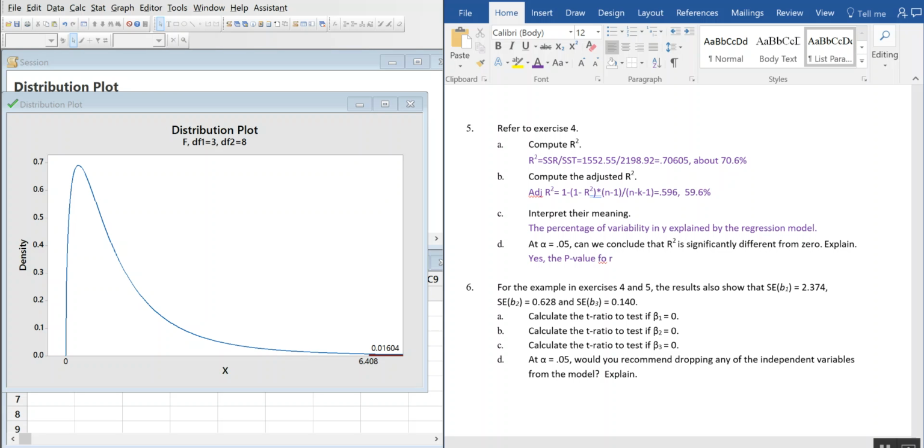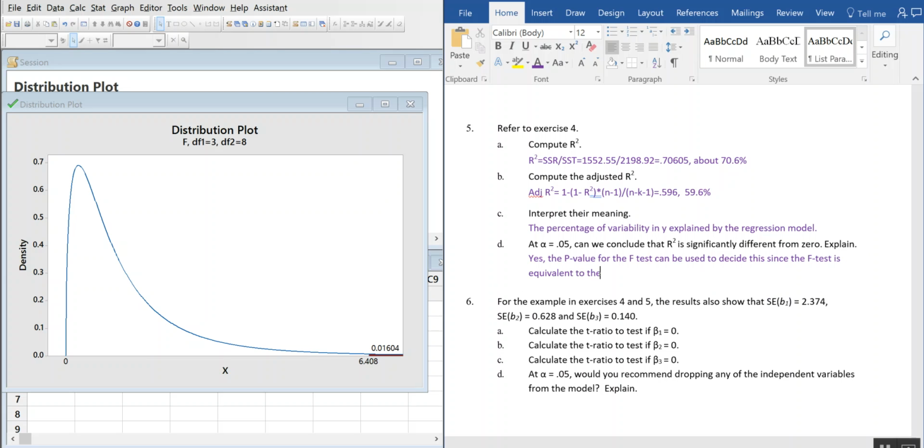The p-value for the F test can be used to decide this, since the F test that we did in part 4 is equivalent to the R squared test. This is me cheating to get an R squared without screwing everything up.